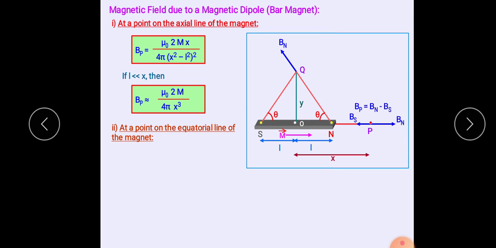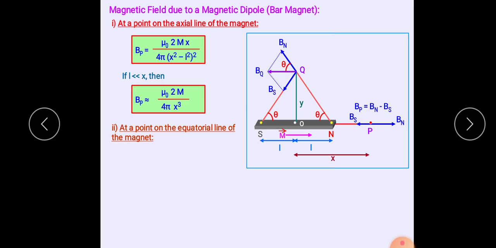Bn is along NQ. Bs is along QS. And the resultant will be along QB, that is opposite to the magnetic dipole moment.